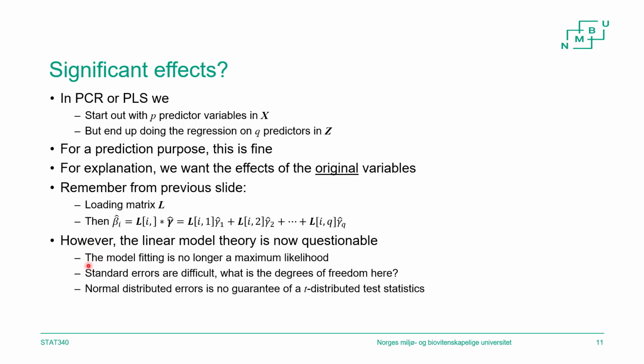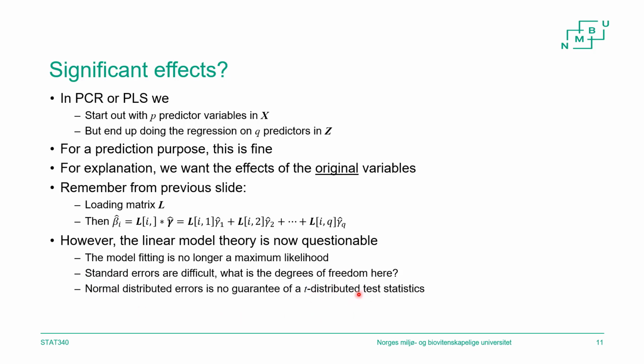That's regardless of the distribution of the errors. The standard errors are difficult because what are the degrees of freedom here? That's also a difficult issue. And normally distributed errors are no guarantee that we will have t-distributed test statistics anymore, like when you have a pure linear model, where the normal distribution results in a t-distribution.